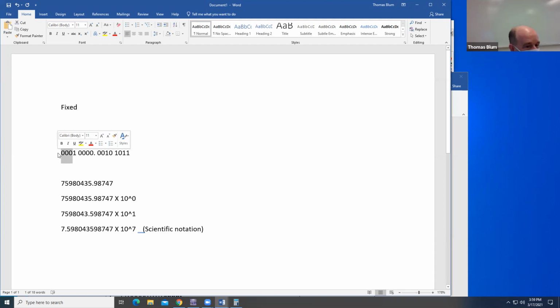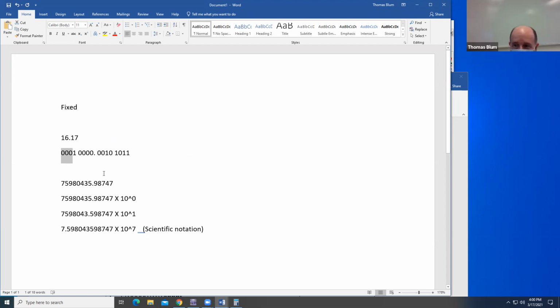We had to have them if it's 8 places for the whole number and 8 places for the fraction, but these leading zeros are kind of wasted. I could use them over here to have more precision. And that's the game that we're going to play in scientific notation.